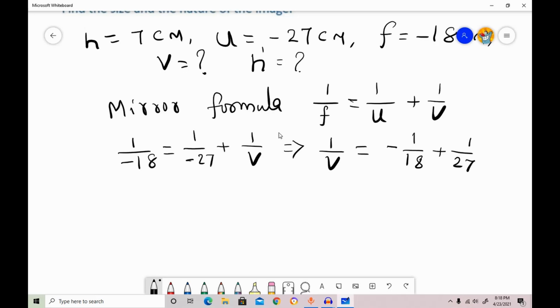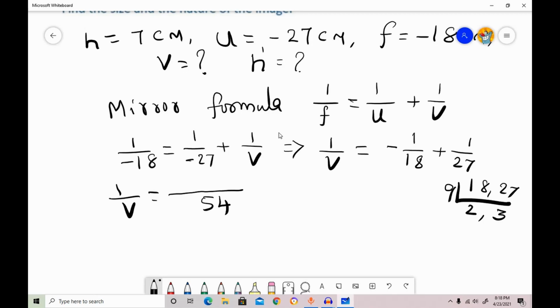So as usual, take the LCM of 18 and 27. 9 2s are 18, 9 3s are 27. So 3 into 2 is 6, 6 into 9 is 54. So 1 by v equals, take the LCM 54: 18 3s are 54, 27 2s are 54.